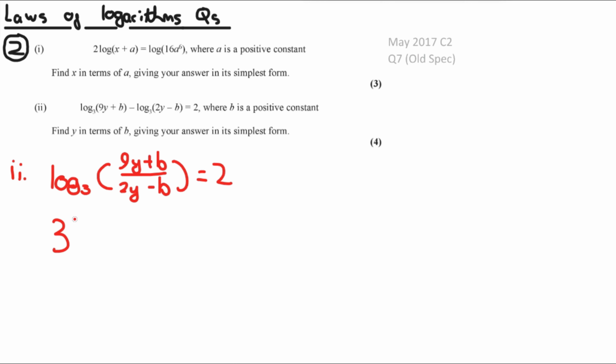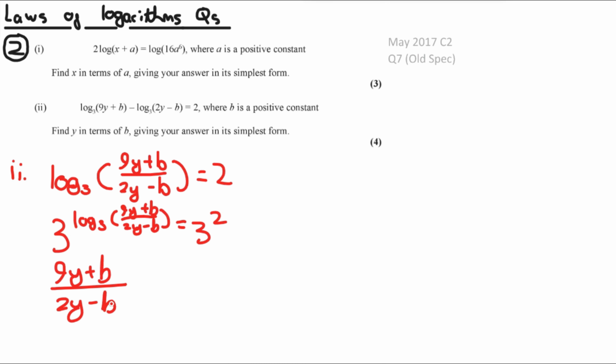So this is going to be 3 to the power of log base 3 of (9y plus b) over (2y minus b), and this is equal to 3 to the power of 2. We've made 3 the base of both sides.